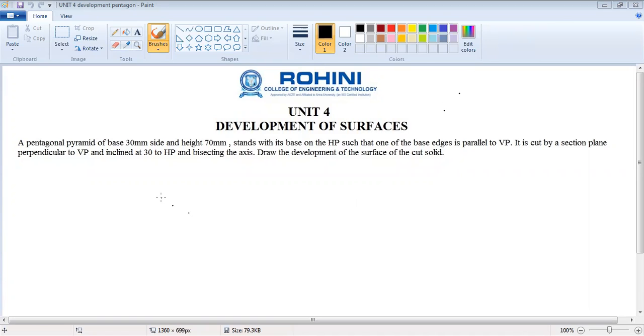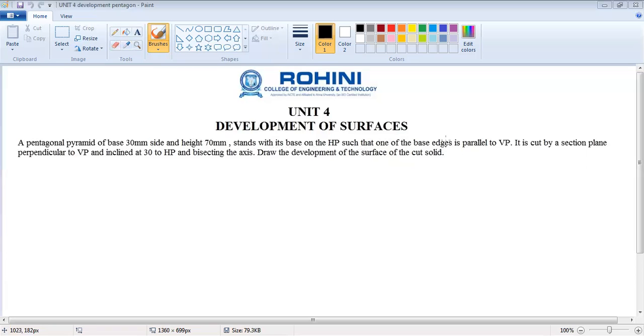So the question is: a pentagonal pyramid of base 30 mm side and height 70 mm stands with its base on HP, such that one of the base edges is parallel to VP. So the resting position is given as resting on HP with its base, and the base edge is parallel to VP.